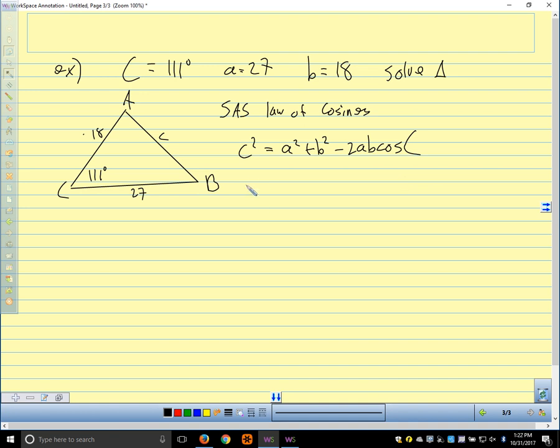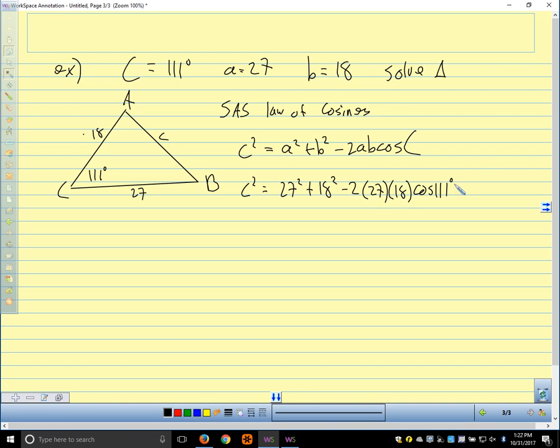And just plug in some numbers here. So c squared is 27 squared plus 18 squared minus 2 times 27 times 18 times the cosine of 111 degrees.